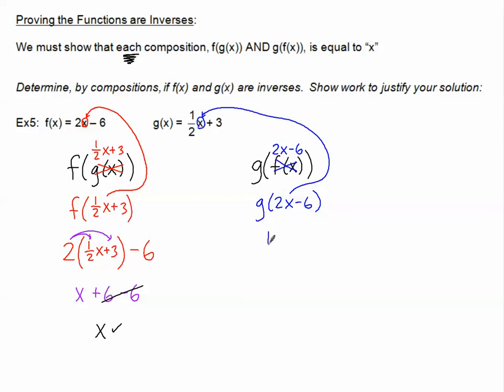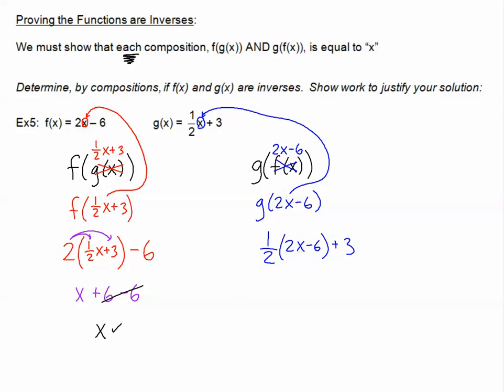So the 1/2 is here. The x now has a new name. It's this entire 2x minus 6. And then the plus 3. Don't forget that last part. This is g of f of x. You can see the g function, and you can see the little f of x function inside of it.